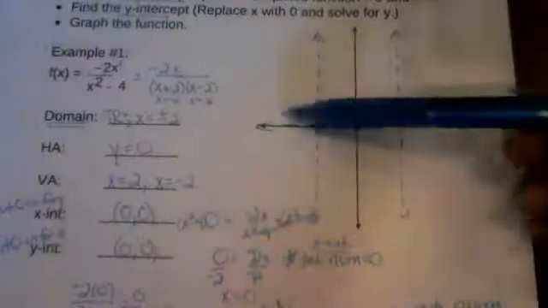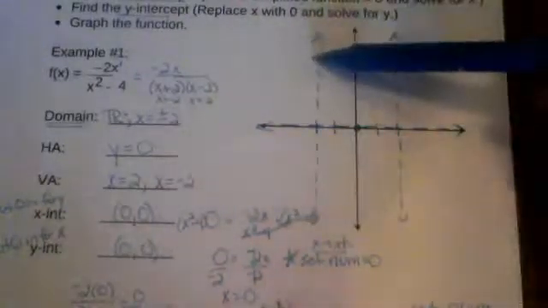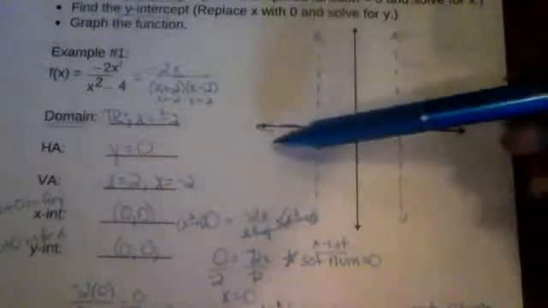So there are going to be three curves, a curve in each section. There will not be a curve in the top and in the bottom, because remember, we are only approaching these asymptotes, never touching them or crossing them again, because we've already crossed here. So there will either be a curve at the top or at the bottom, but not both.